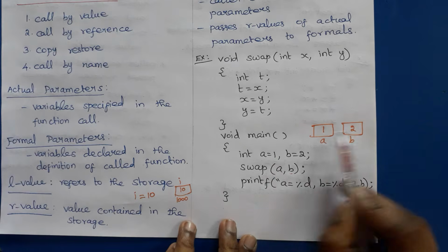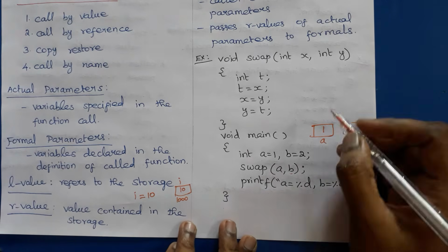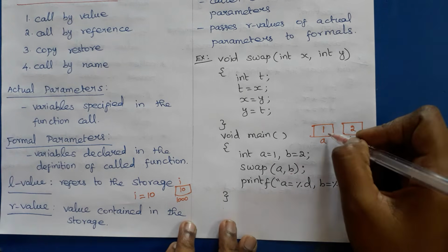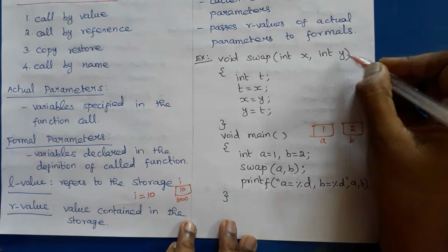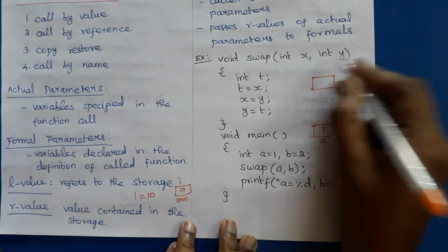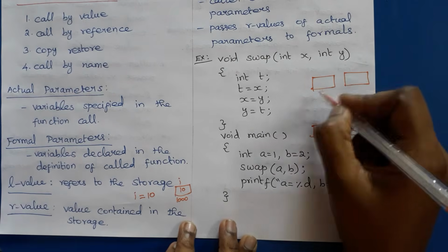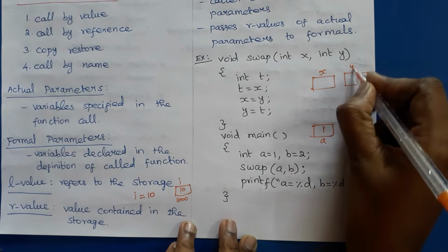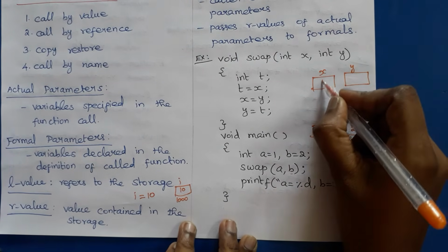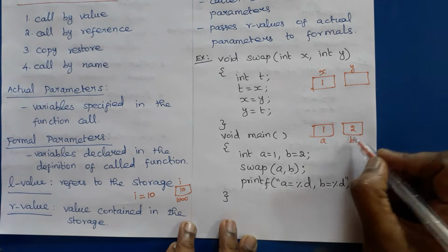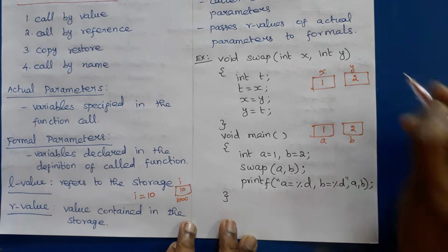R value means 1 and 2, the values. These are passed to x and y, so int x and int y. Again memory spaces will be allocated for x and y. This 1 is copied to x and 2 from B is copied to y.